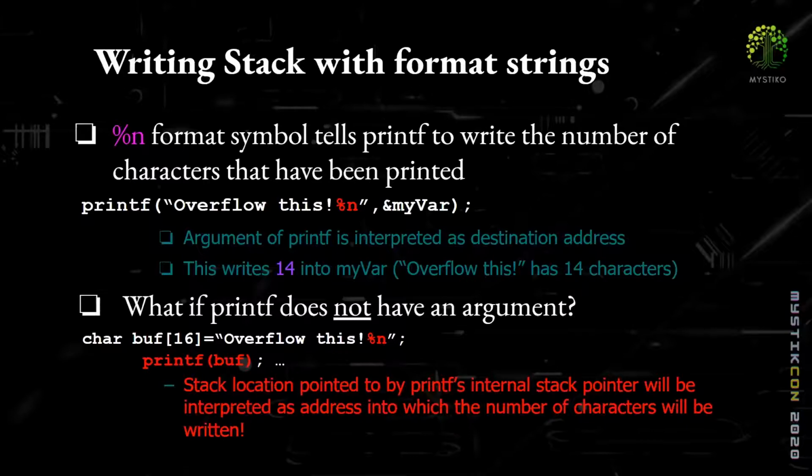So char buff[16] = "overflow this %n" and simply printf(buff). The stack location pointed to by printf's internal stack pointer will be interpreted as the address into which the number of characters will be written. So whatever address is present just above printf's internal stack pointer will have 14 written into it.